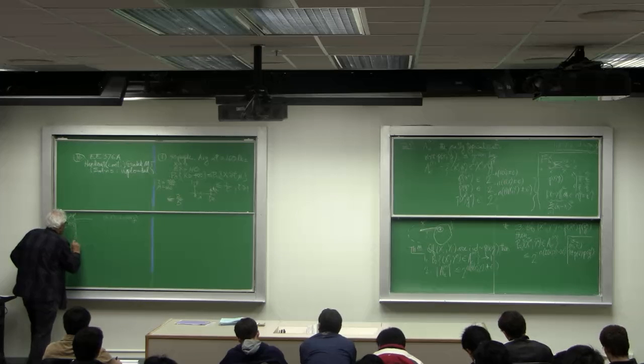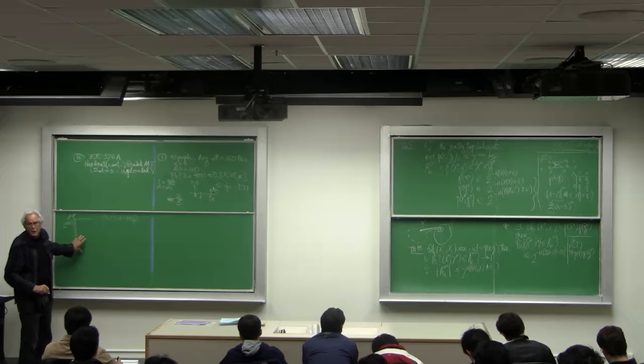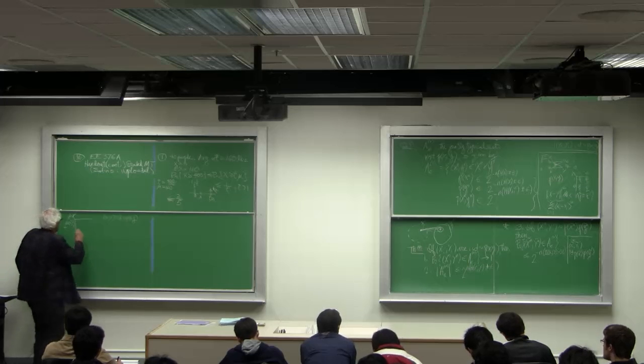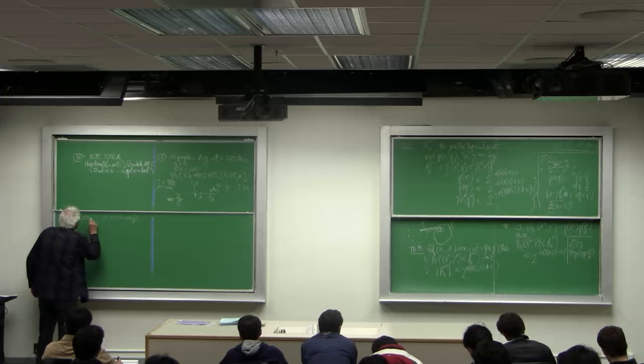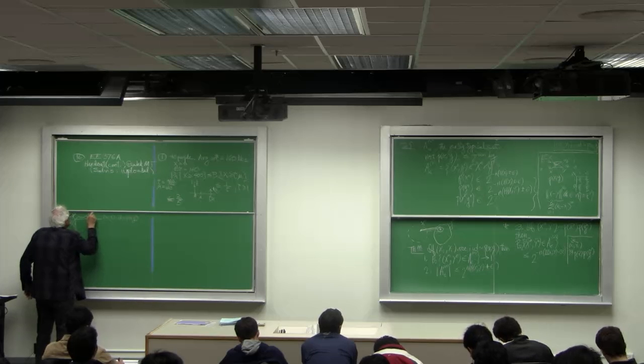The rest are garbage. They have total probability nearly 0. Similarly, I have 2 to the n H of Y typical y's.